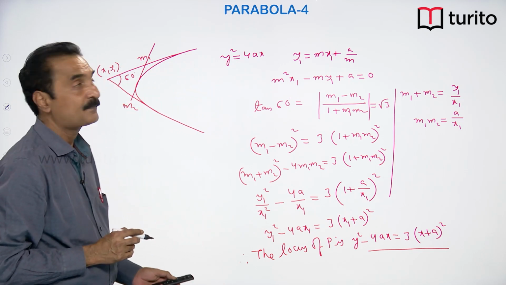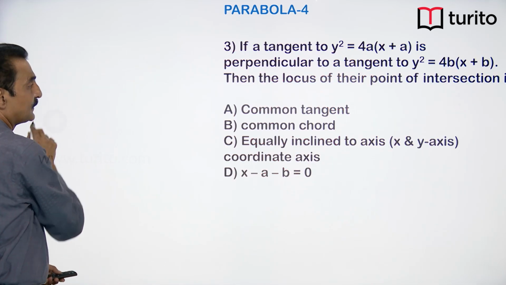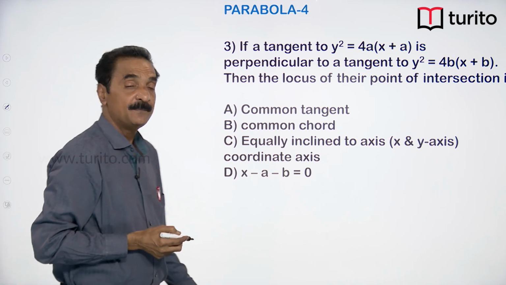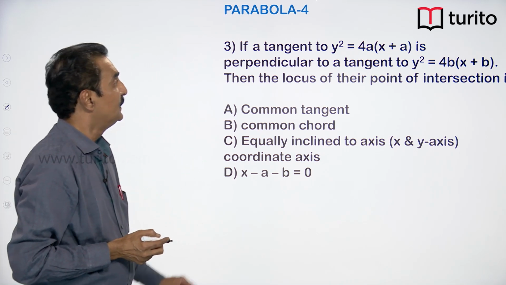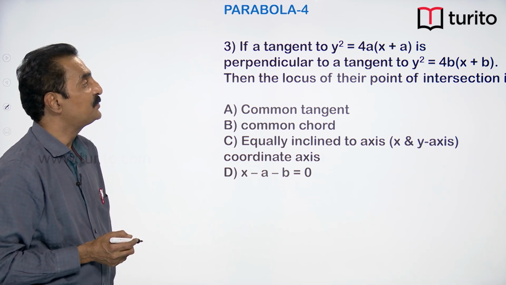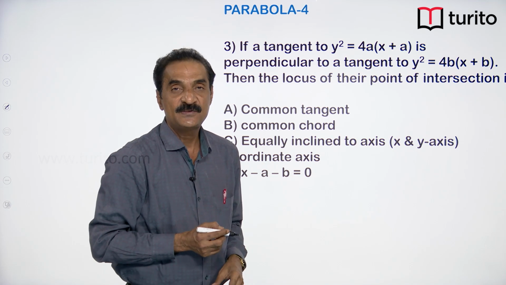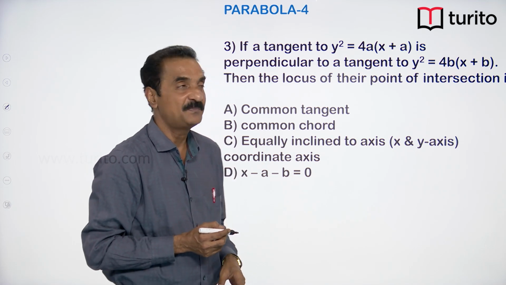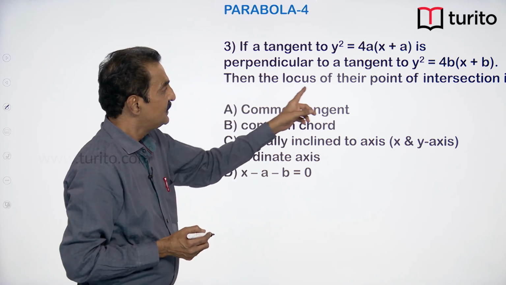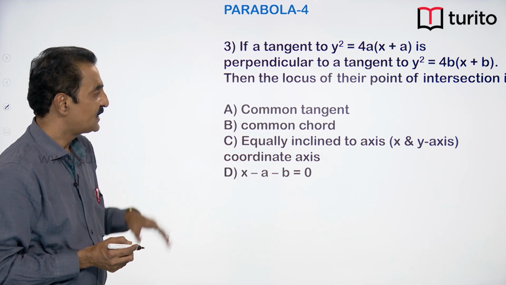Next question: if a tangent to y square is equal to 4a into x plus a is perpendicular to a tangent to y square is equal to 4b into x plus b, then the locus of their point of intersection is, options are given.